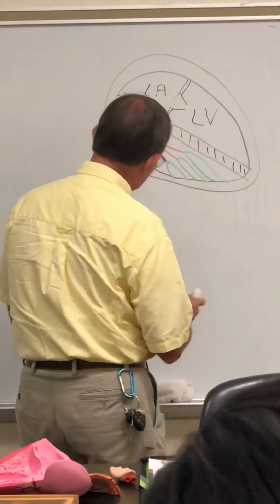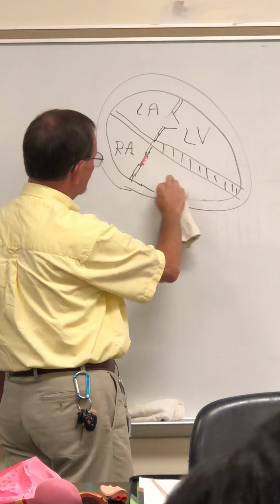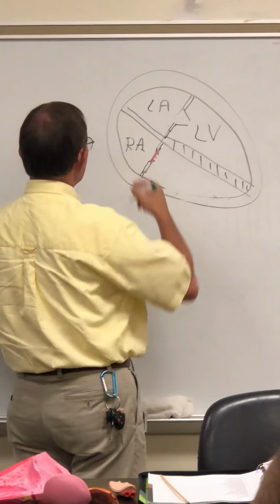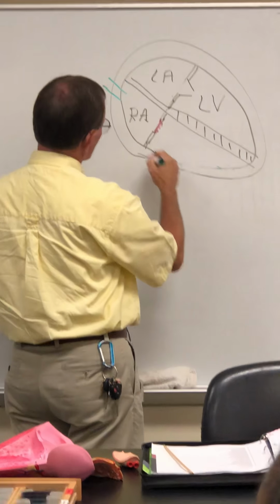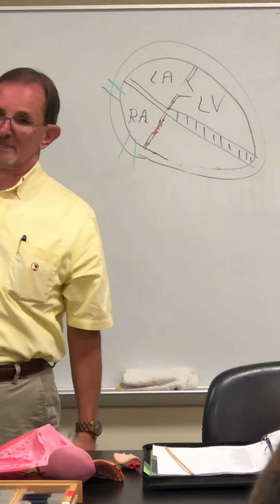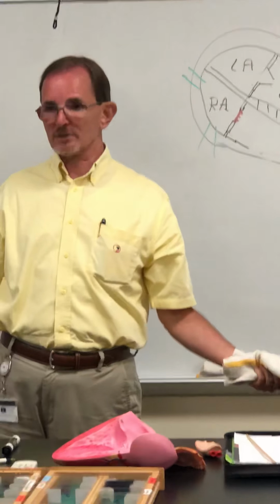Okay. So, we know how the blood goes. The vena cava is going to bring blood into the right atrium. That's what it's for. Blood's coming back to the heart because it's low oxygen. It needs to get booted up.